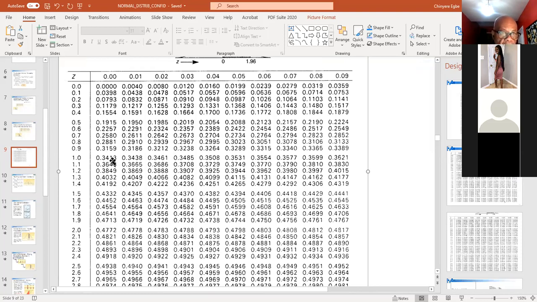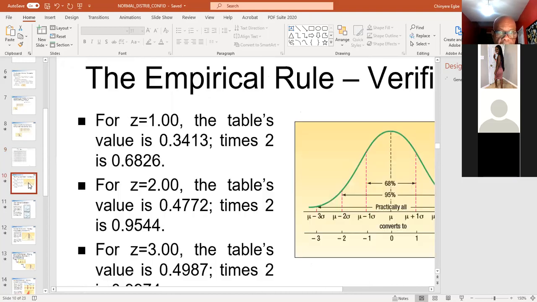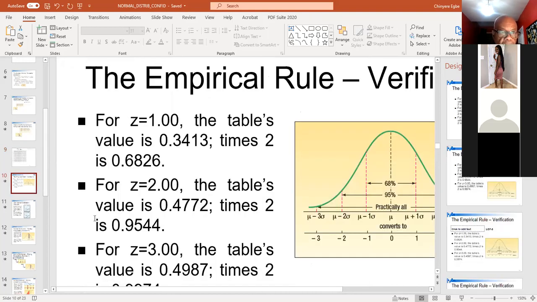What is the probability that z has a value between 0 and 1.05? Okay, this is 0.05, this is 1. The probability will be 0.3513. So that's how we're going to read off the areas under the normal curve. So now let's look at examples. Okay.